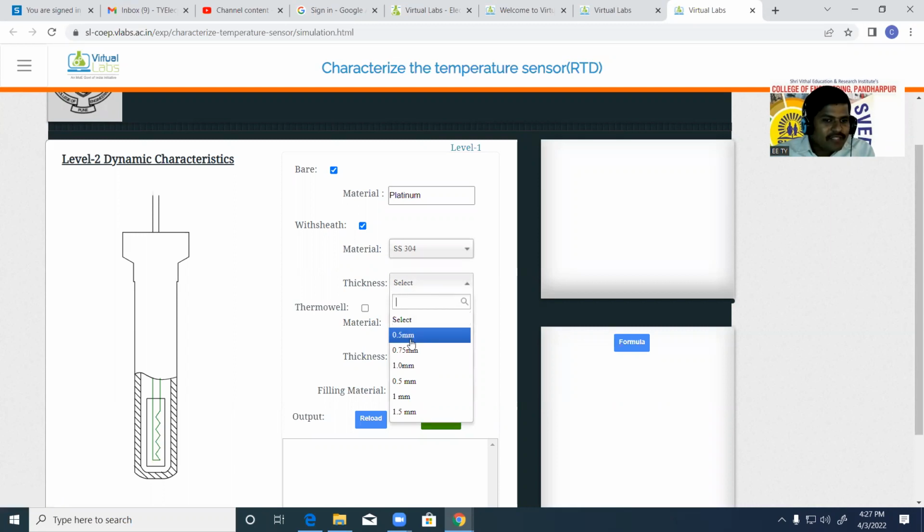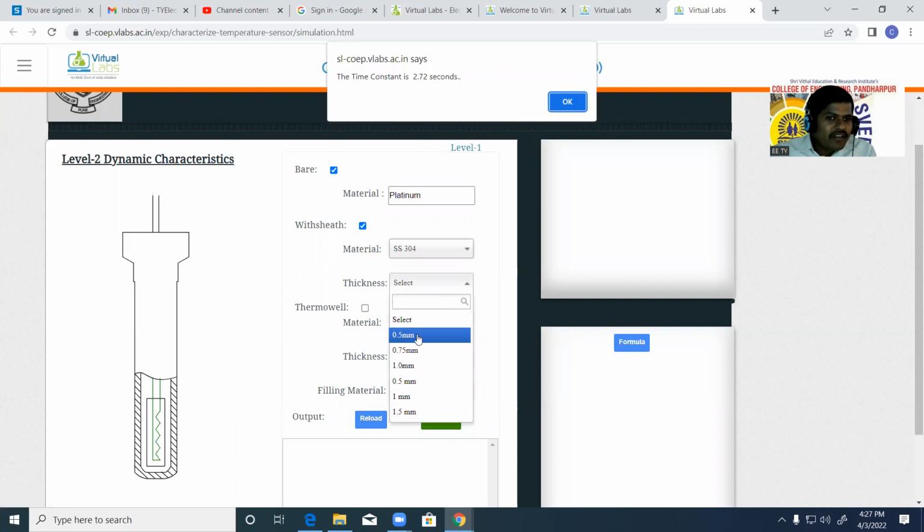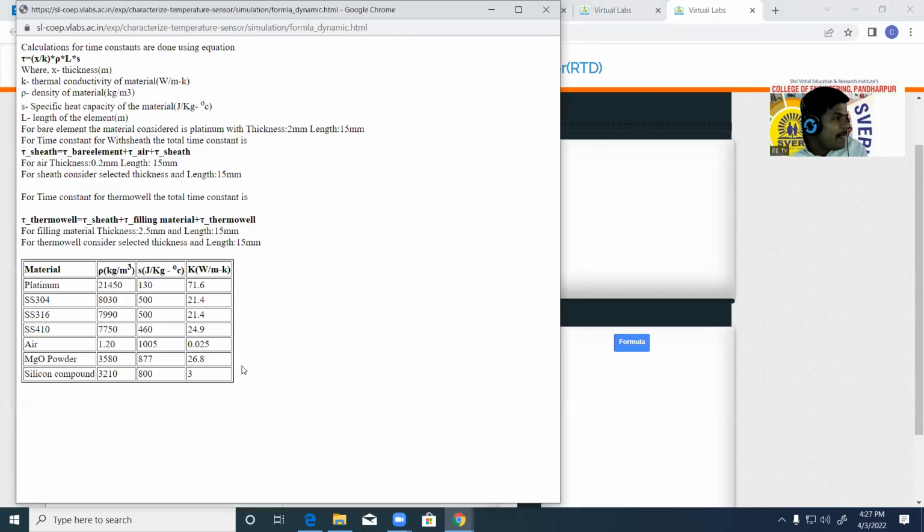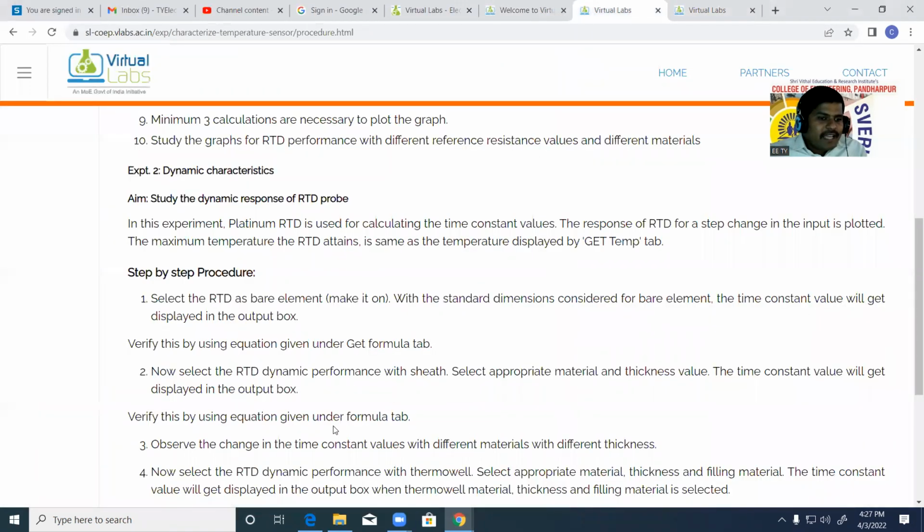So I am selecting the thickness 0.55 mm. At that situation also the time constant can be displayed. What is that time constant? 2.72 second. Okay, now see, so this is the second step. Also this can be verified by using this formula. आपण फॉर्म्युला नुसार व्हेरीफाय करायचं. ओके, now see next one step, verify this by using the equation given under the formula tab.